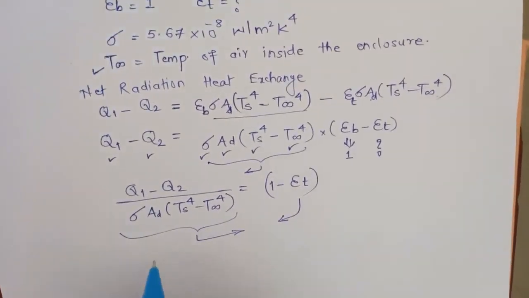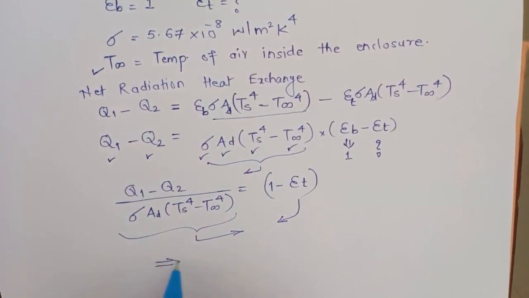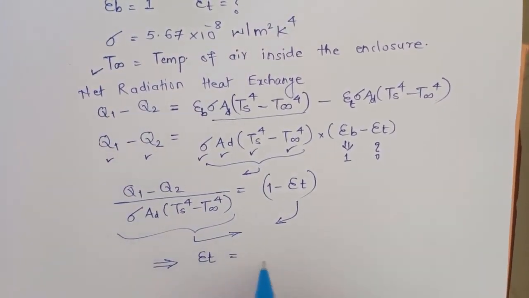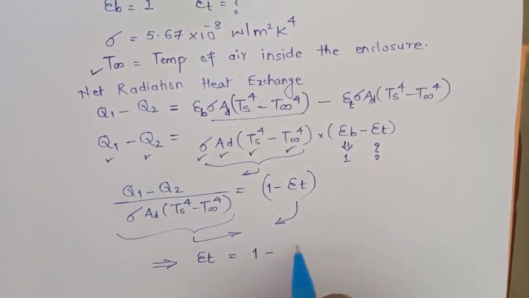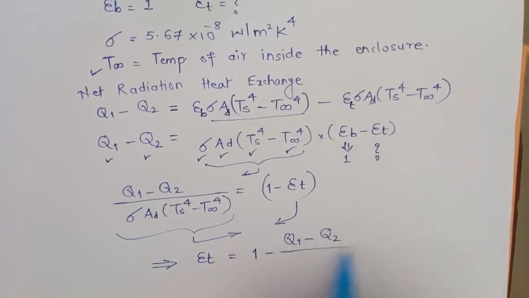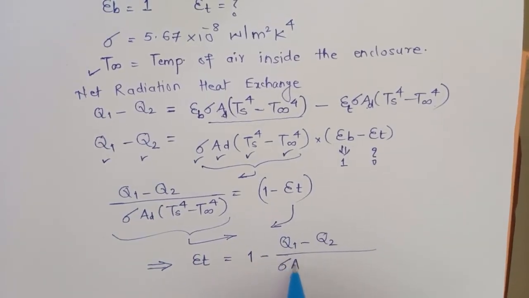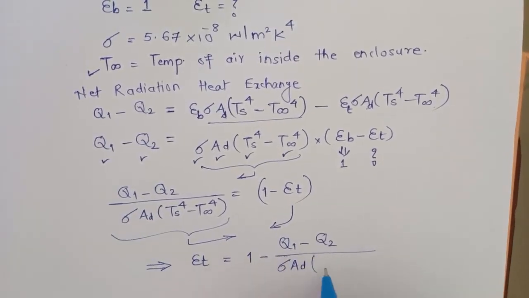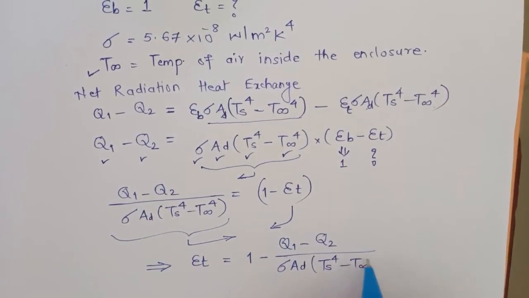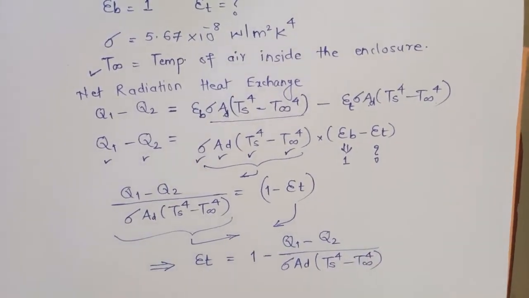So ultimately when we reduce this, what we get is that the emissivity of the test plate will be equal to 1 minus Q1 minus Q2 divided by sigma into area of test multiplied by Ts raised to 4 minus T infinity raised to 4.